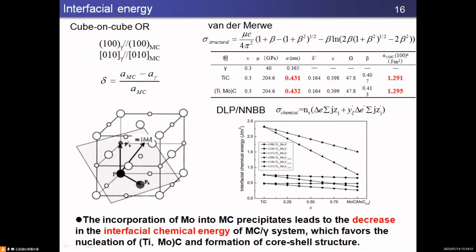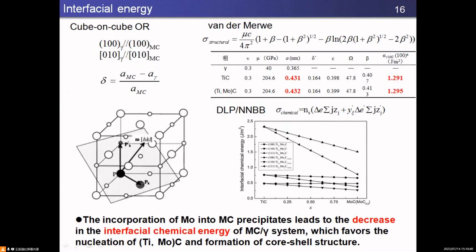The structural parts are very similar for titanium carbide and titanium-Mo carbide, because they have very close lattice parameters. They are determined by XRD. Then we can employ DFT and the Bragg-Williams model to calculate the chemical part. This is a figure for the three cases.